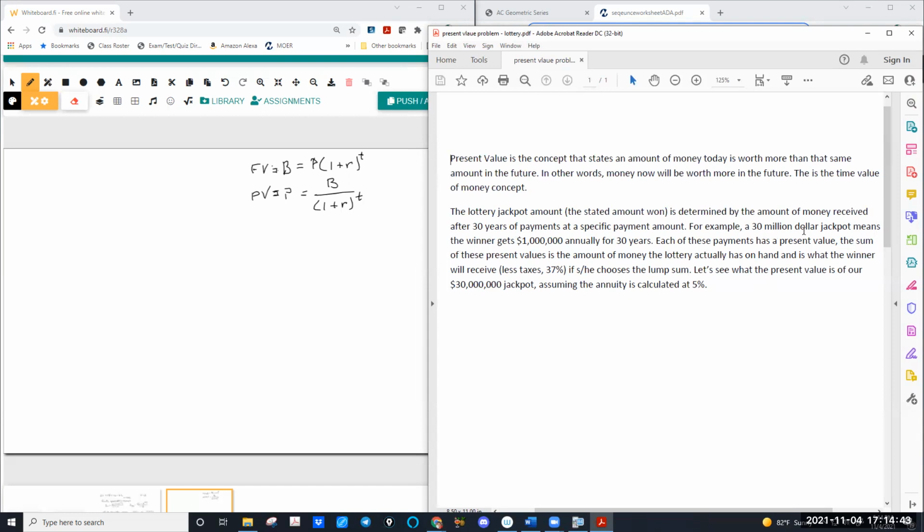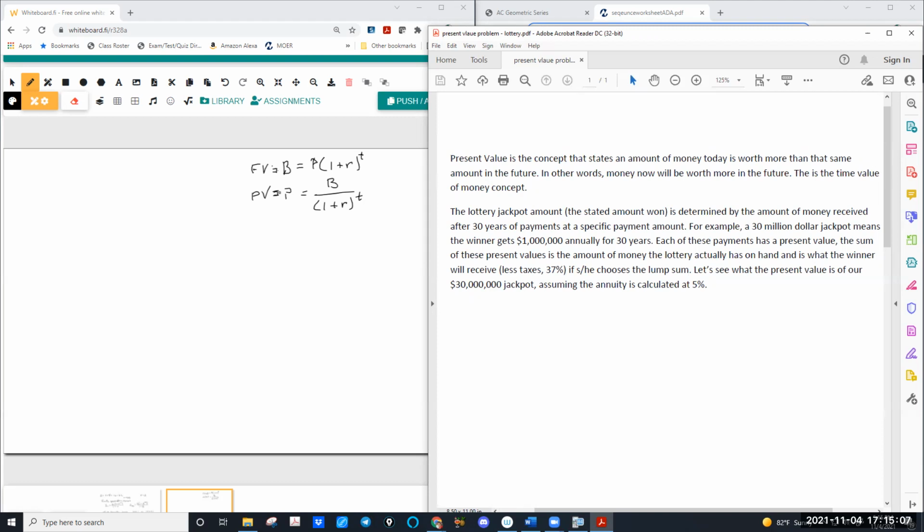So what you would hear on the radio is Bob won the $30 million jackpot. What that means is Bob's going to get, if he chooses, $1 million annually for 30 years. That is not what he'll get if he takes the lump sum. The lump sum is the present value of those 30 payments.